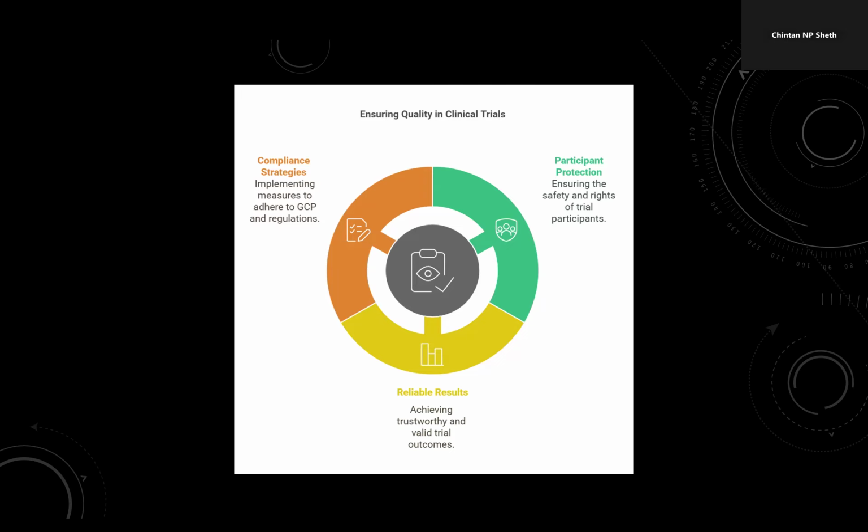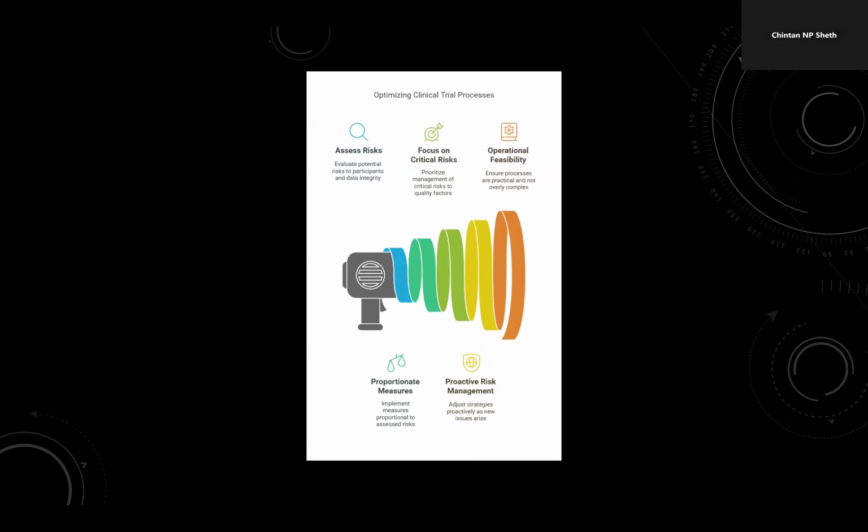The next principle talks about optimizing the clinical trial processes. The clinical trial processes, measures, and approaches should be implemented in a way that is proportionate to the risk to participants and to the importance of data collected, and that avoids burden on participants and investigators.